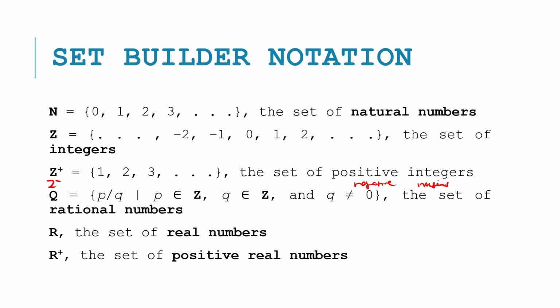Okay, Q is the set of rational numbers, where p and q are elements of the set of integers. R is the set of real numbers. R positive is the set of positive real numbers. And again, same with the Z negative. If here we have R raised to negative, then that's just the set of negative real numbers.